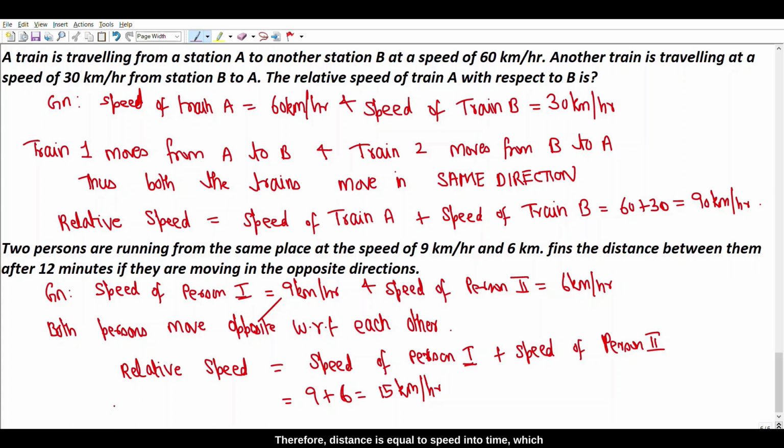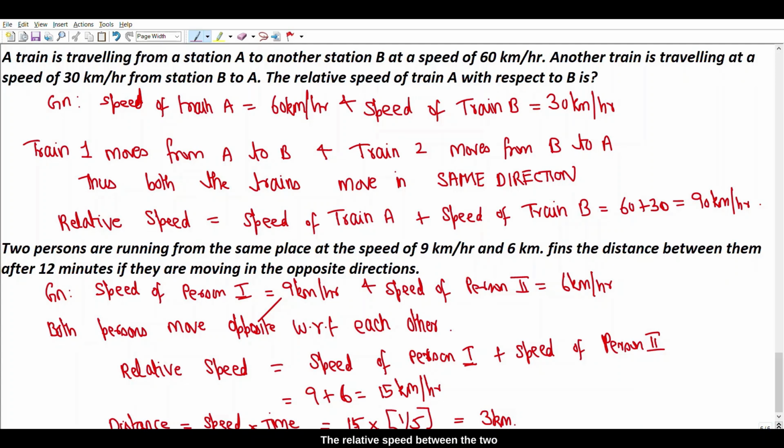Therefore, distance is equal to speed into time, which is equal to 15 multiplied by 12 minutes, which can be written as 1 by 5th of the hour, which is equal to 3 kilometers.